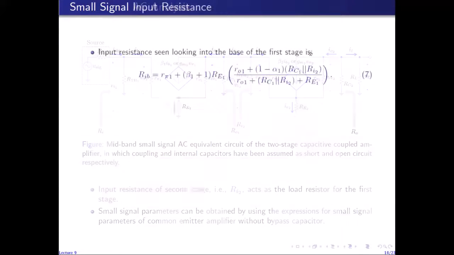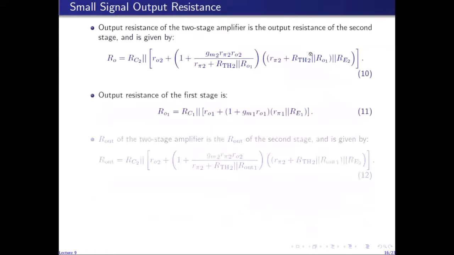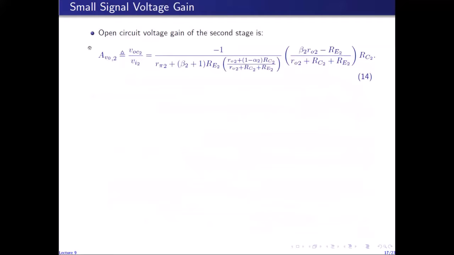We have already found this expression before, so we simply use that expression as it is to get the open circuit voltage gain of the amplifier. Obviously, we need to make adjustments because we need to replace R0 with R02, beta with beta 2, R pi with R pi 2, and so on and so forth.